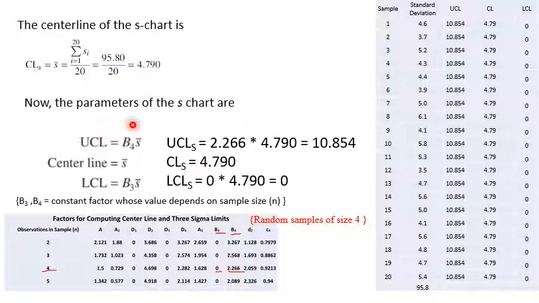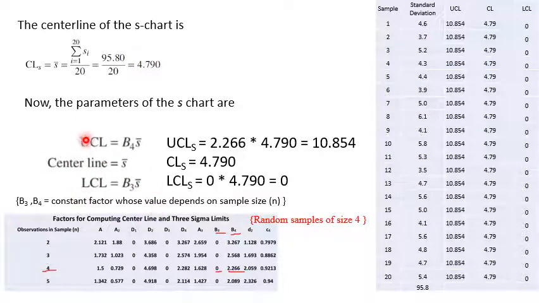Now the other parameters we require for the S chart are the upper control limit and lower control limit. The upper control limit formula we know is B4 multiplied by S bar. S bar we already calculated, and the lower control limit is equal to B3 times S bar.